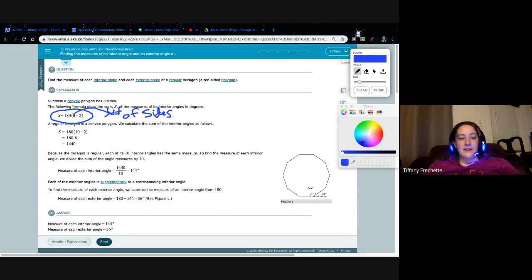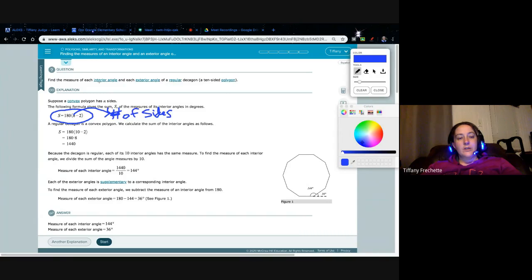So it's however many sides your polygon has. That's what n is. So then they put 10 in here. So it's 180 times 10 minus 2. 10 minus 2 is 8. So 180 times 8 is 1,440.